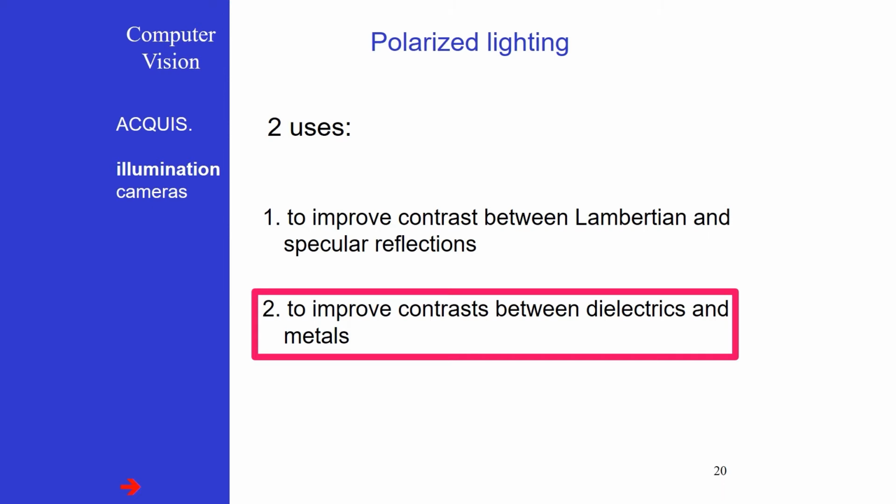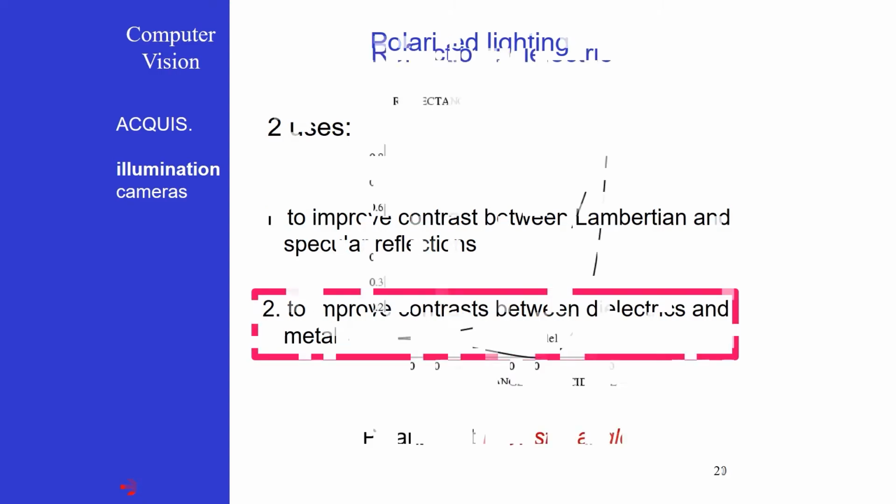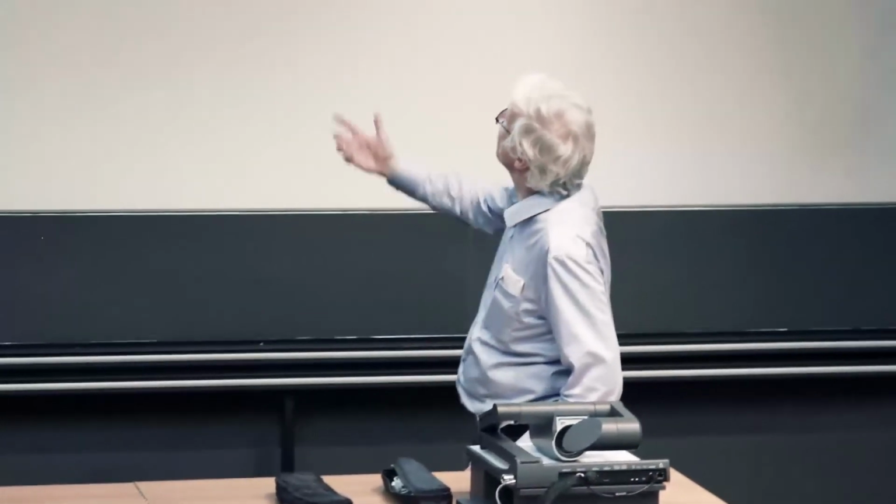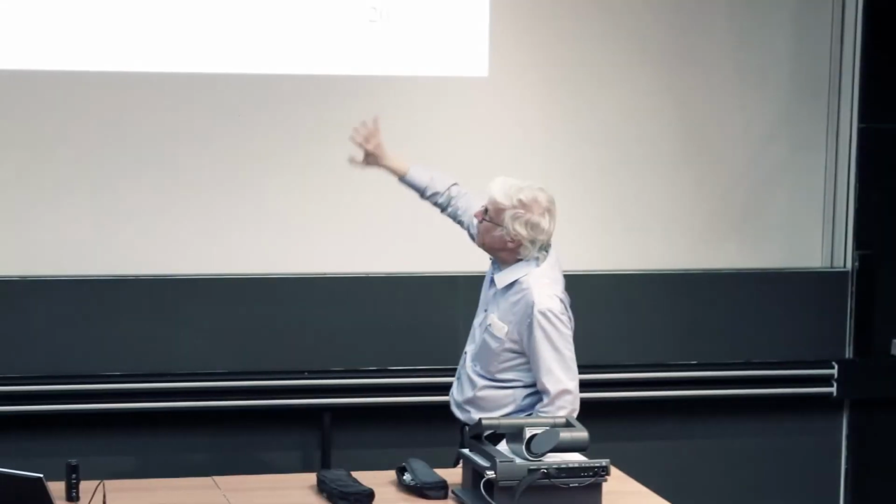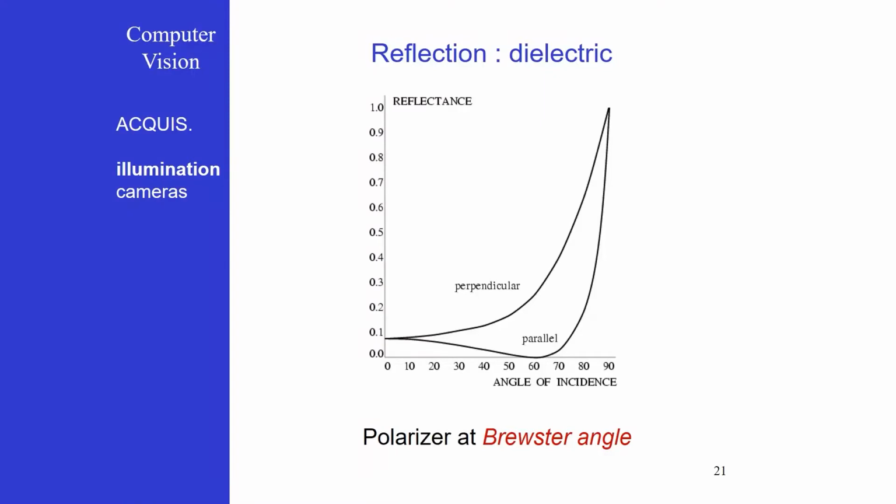A second application would be to get a contrast between dielectrics and metals. And how does that work? Well, remember this slide. We have shown it in the first lecture, actually.